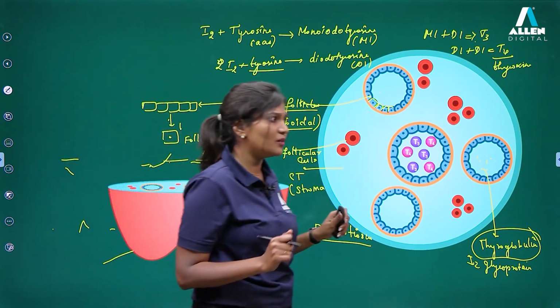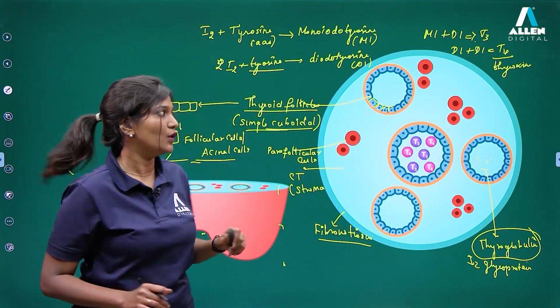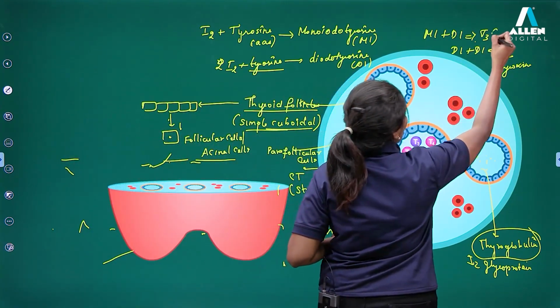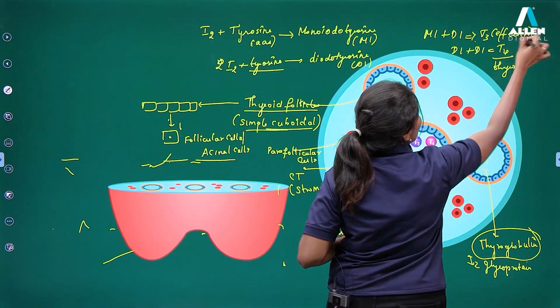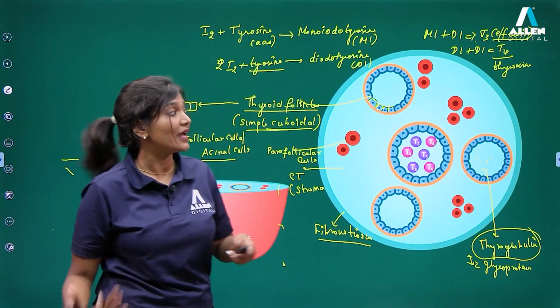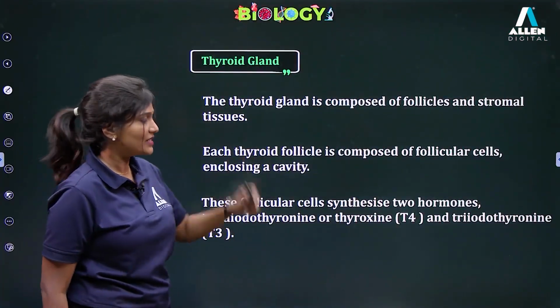Now the next question for us is, is T3 active or T4 active? I'm going to tell you, T3 is very effective. T3 is more effective than T4, or I can say it is more potent than a T4 molecule. Now we understood about this one. Now let's see what exactly is present.